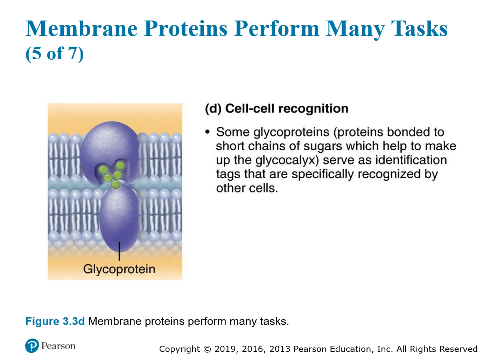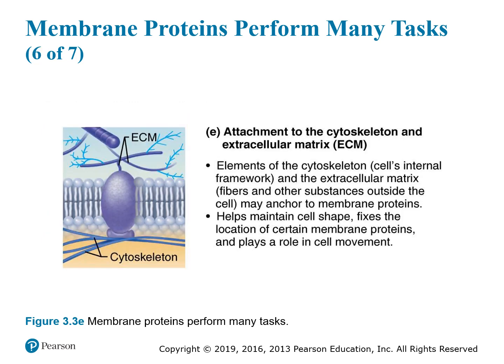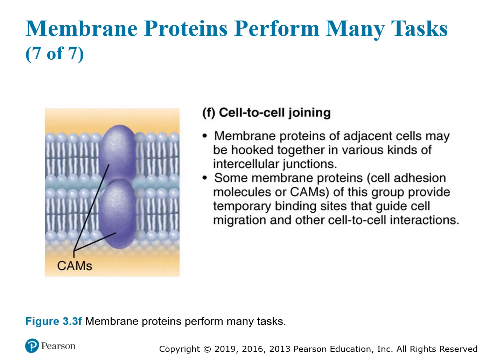Some of these are necessary for cell-to-cell recognition of the adjacent cells, so glycoproteins, for instance. These cell surface markers allow for recognition by other cells. Some of these serve as anchoring proteins, so allow for attachment to the cytoskeleton or the extracellular matrix. Cell-to-cell joining, so these sort of anchoring proteins allow for adjacent cells to be hooked together.